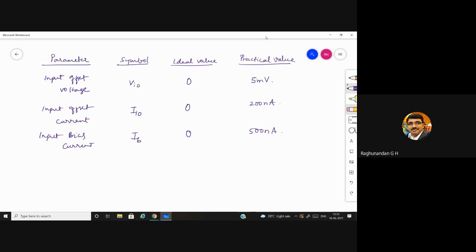Hmm? Because the bias voltage is zero, sir, input bias voltage. Okay. Then no, input bias is not 0. I'll give some input signal, but still ideally it is taken as 0. For this, the answer is in the parameters or characteristics only.